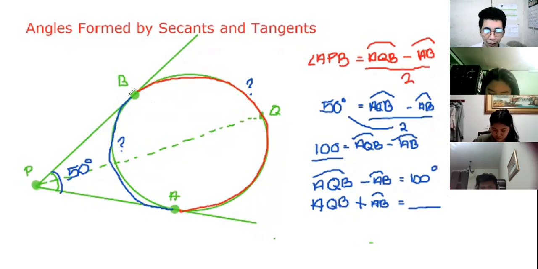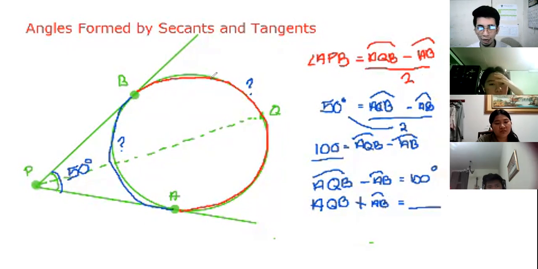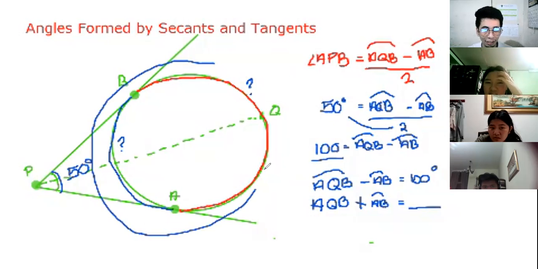Kapag pinag-plus natin, ito daw, we have arc AB, then pinagsama natin yung arc AQB. Tingin nyo, what is the answer kapag pinagsama natin yung dalawang arc na yon? 200? Hindi. Gabe, what is your answer? 100 po. 100? Hindi. So, dito tayo tumingin sa circle.